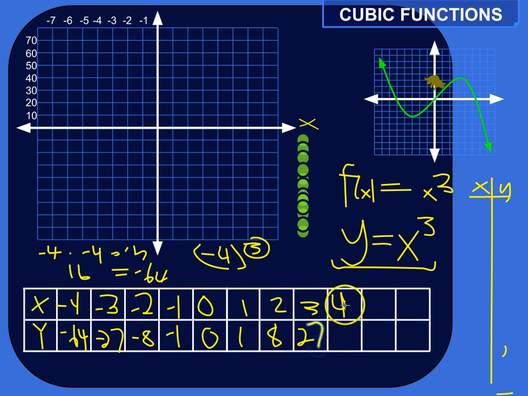And 4 cubed is apparently 1. Just kidding, it's 64.